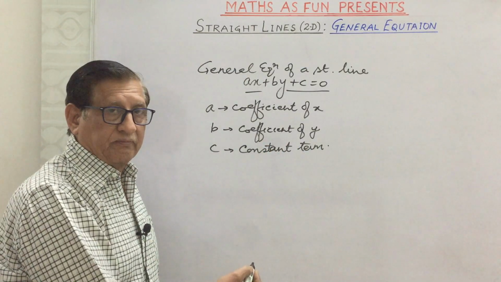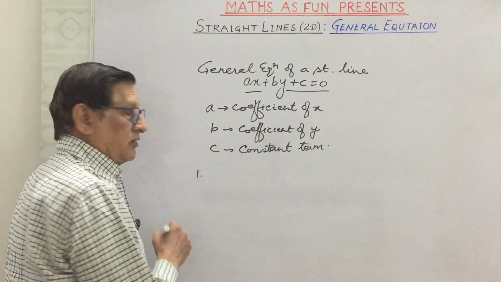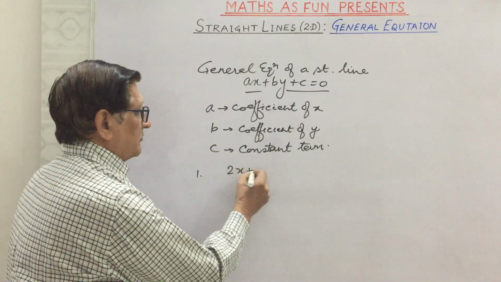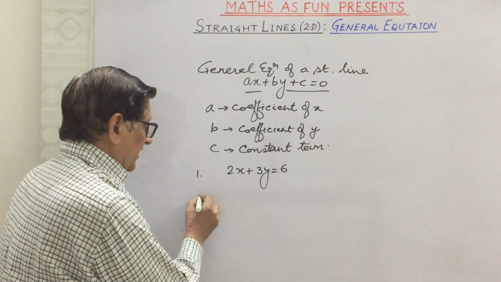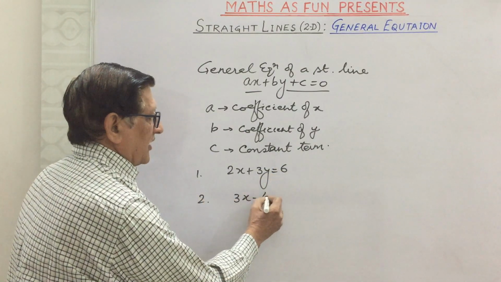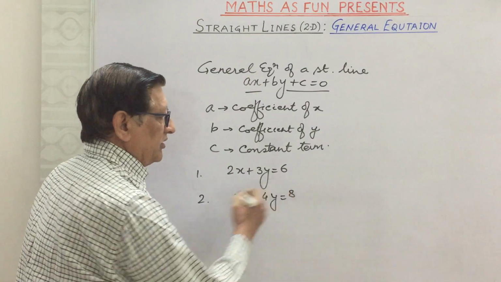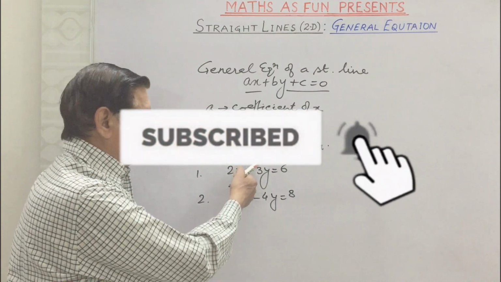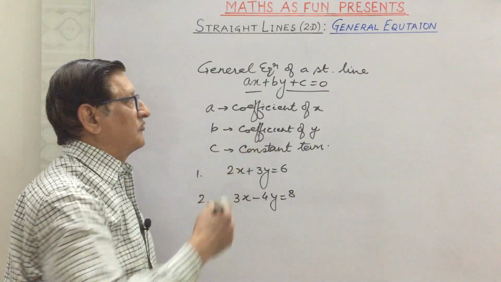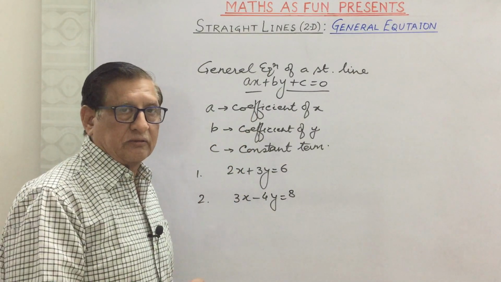Like if we have an equation 2x plus 3y equal to 6, or we have 3x minus 4y equal to 8, these are representing straight lines. So these are the general equations of any of the straight line.